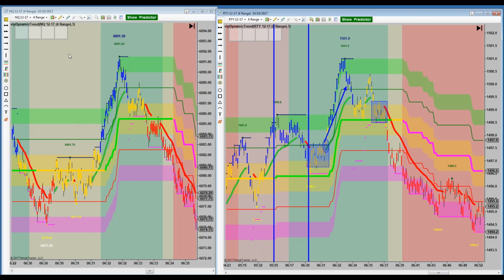And the first 2 minutes on NASDAQ looked like this. 6:30 was right here, and 6:32 was over here. Can everybody see that? This box on the Russell, right here on the right, roughly equates to this box on NASDAQ.